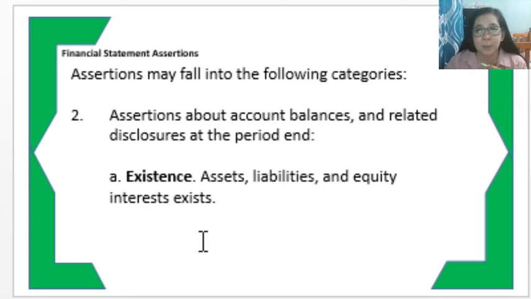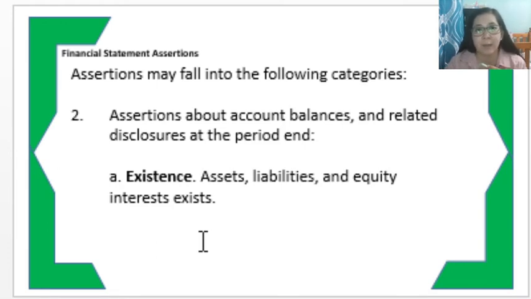Okay, so under this category of assertions, we have the following assertions: existence. Meaning the assets, liabilities, and equity interest really exist at the end of the accounting period, where they account it and present it in the face of the financial statements.